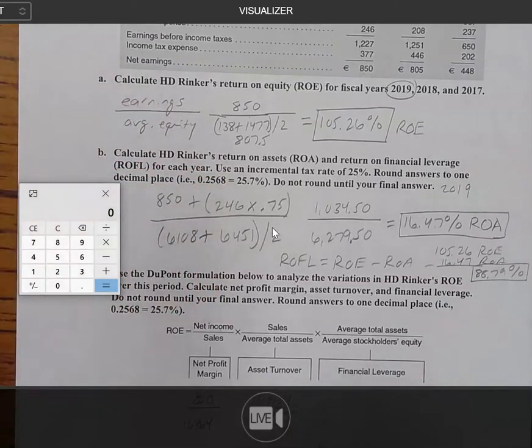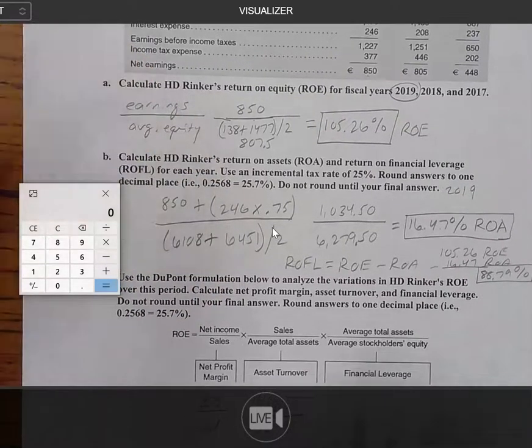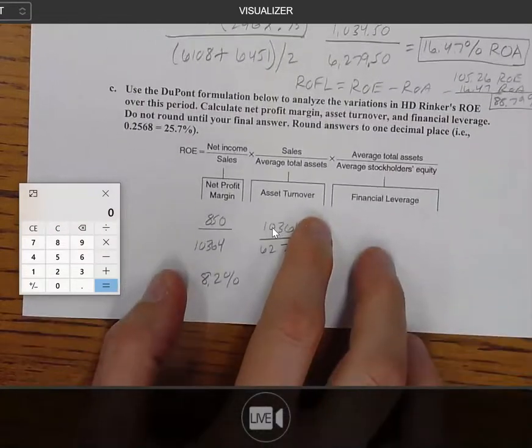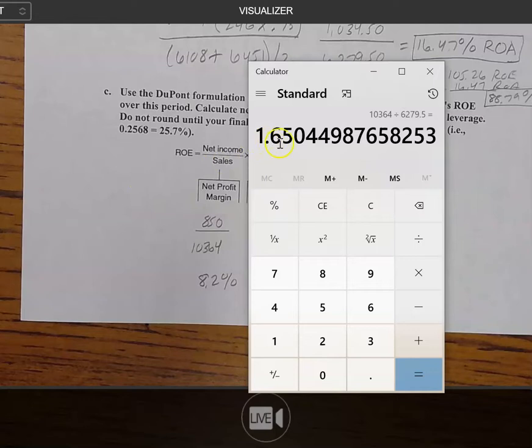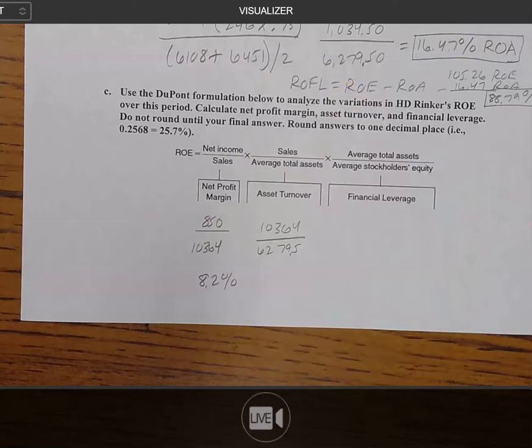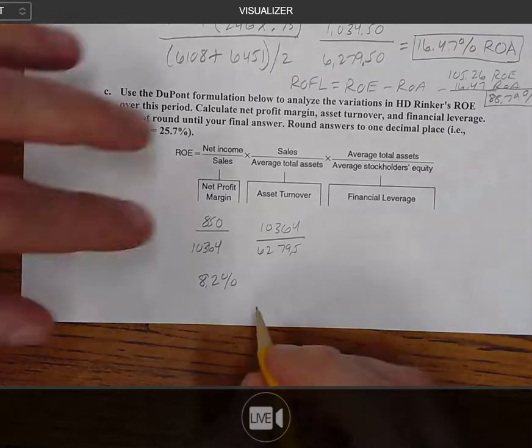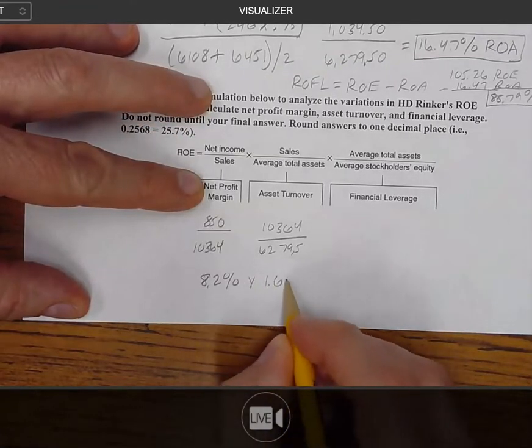And this will give us our asset turnover ratio. So 10,364 divided by 6279.5. All right, and so that gives us a ratio rounded to 1.65. Okay, 1.65. So we're going to multiply that by 1.65.